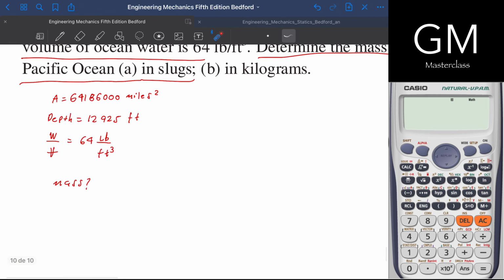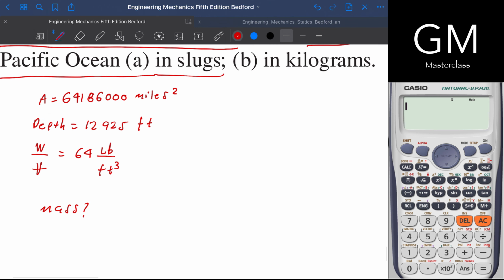So first I'm going to use customary base units, and for that I have to transform this value. I have to eliminate the mile and transform it into feet.